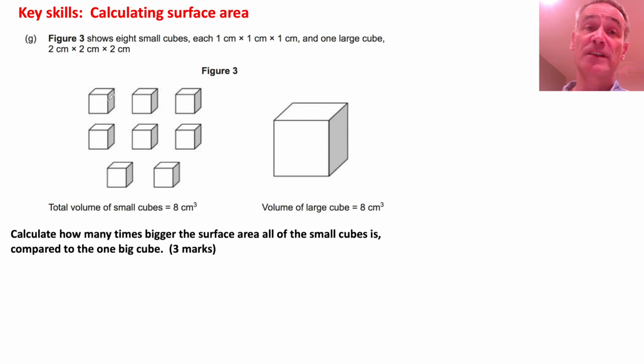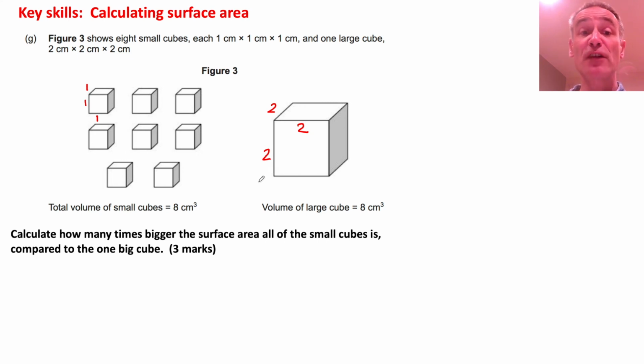So this final question looks at calculating surface areas. And you could be asked this in either your biology or your chemistry paper. For chemistry, it would be rates of reaction. It says figure 3 shows 8 small cubes, 1 centimetre by 1 centimetre by 1 centimetre, and 1 large cube, 2 centimetres by 2 centimetres by 2 centimetres.